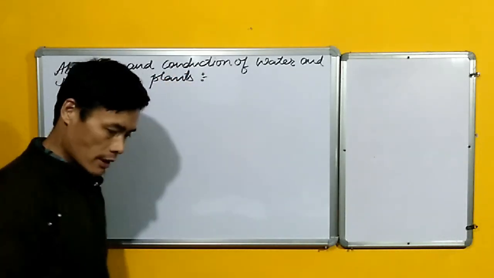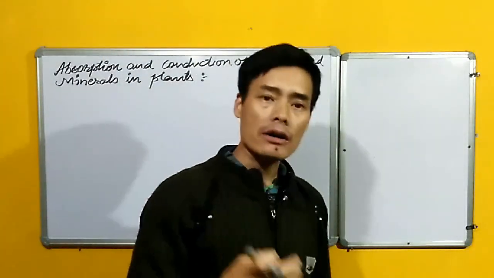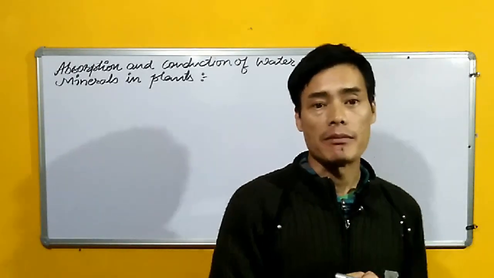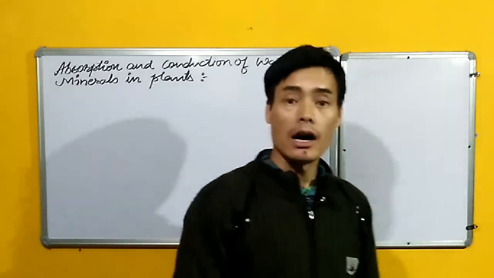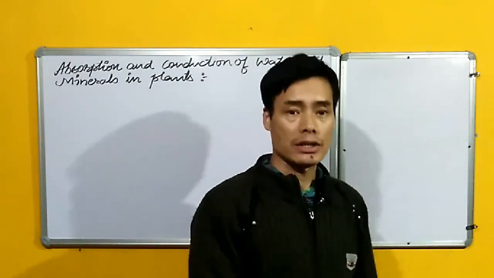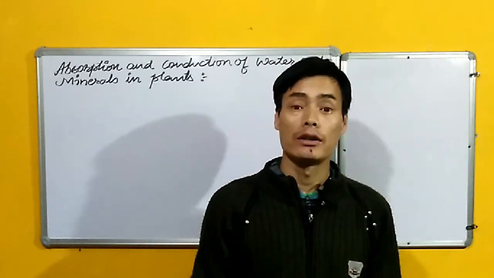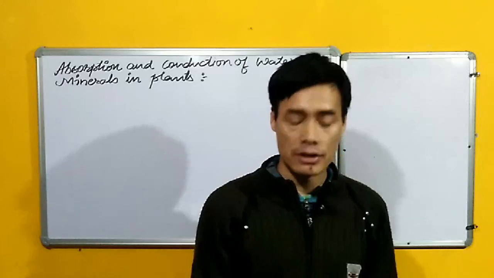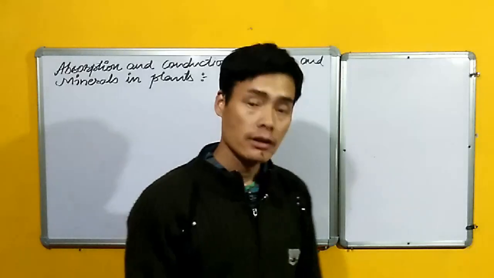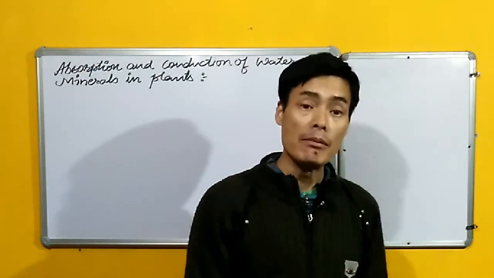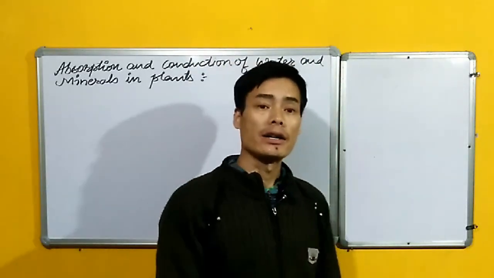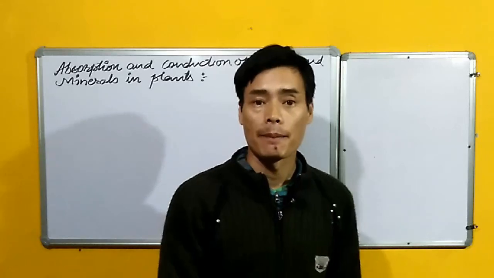We know that plants require a number of materials from the outside environment, and the plant acquires these materials by different parts that it possesses. For example, the roots enable the plant to absorb water and minerals, and the leaves enable them to acquire the necessary gases that are required by the plant body.